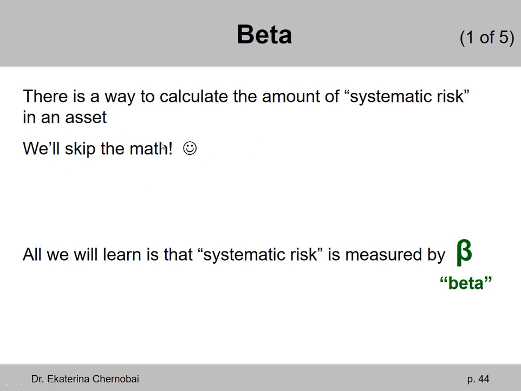We're gonna skip the math, and we're gonna look at just how to interpret the number that comes out of those calculations that we are skipping in this book. So all we're going to say is that the systematic risk has a formula, how it can be calculated, and the formula is the beta. So the beta equals something, which we are skipping. Beta is the notation we use for the amount of systematic risk.